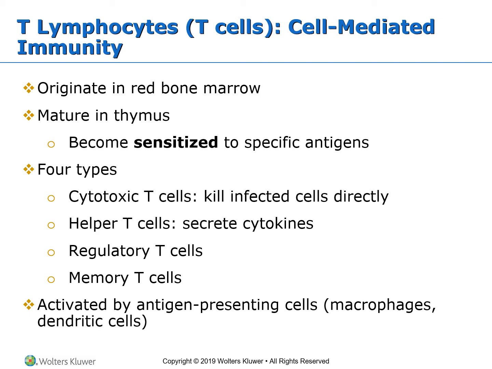And we have a few types of those. We have the cytotoxic T cells that are able to destroy certain abnormal cells directly. They don't need anything else but themselves.